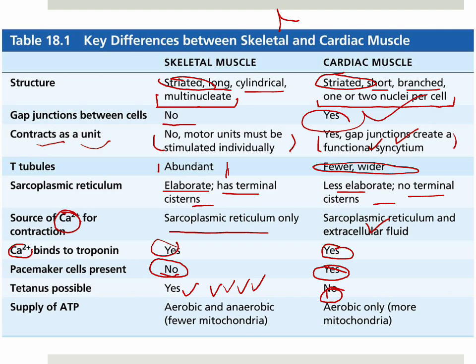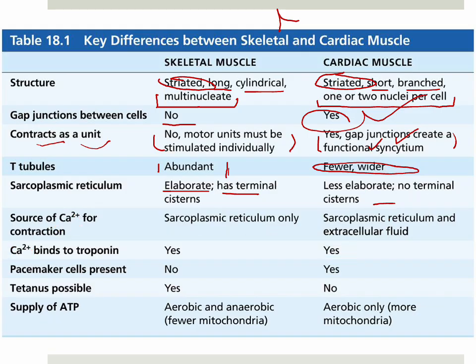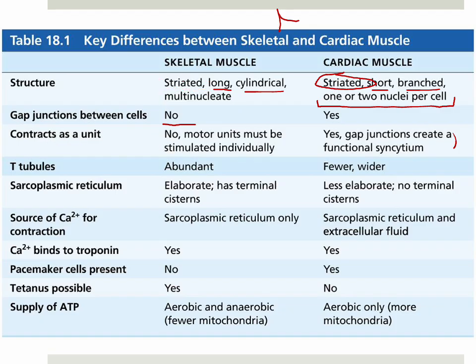All right. Then the last one is supply of ATP. You guys remember the ATP is kind of like the currency for energy. That's why we need a lot of sugar, because sugar is one of the fastest ways to get ATP. And ATP is the molecule of energy that is needed for any activity, either to produce or metabolize that, but also to do the movement piece of contraction.